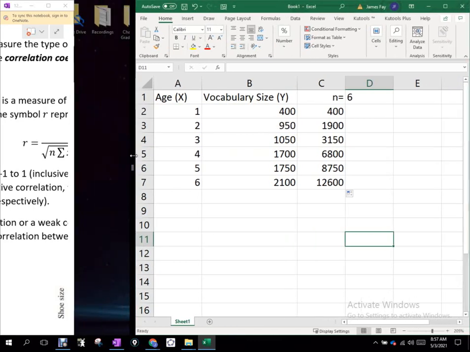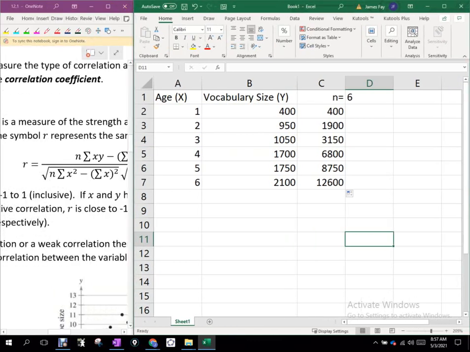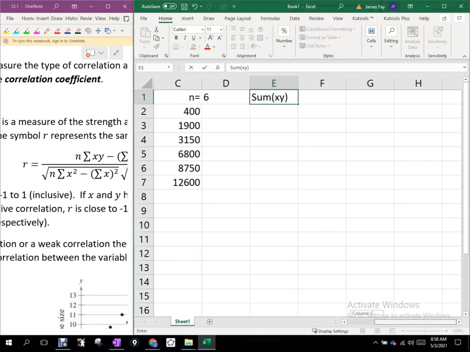Okay, now think about the things that we're interested in here. We want the sum of x times y. So we took all of our x's, multiplied them together with our y's, and now we want the sum of that. So I'm going to come up here and just type in sum of xy. You can put sigma in there if you would like.